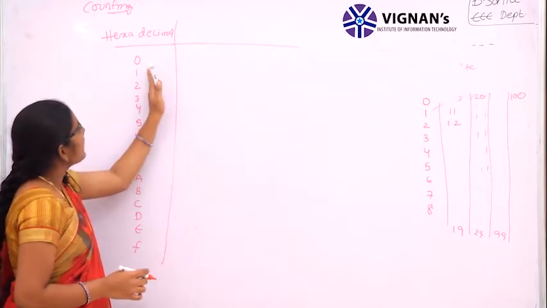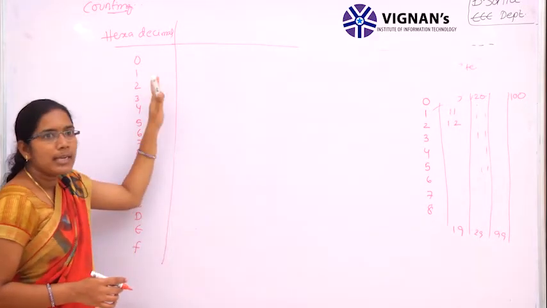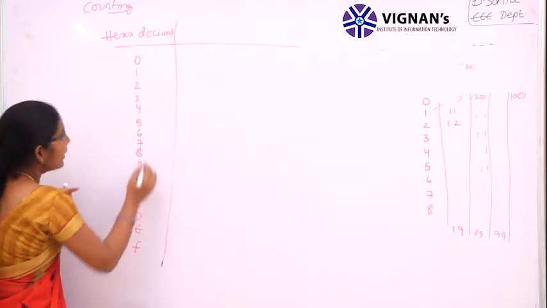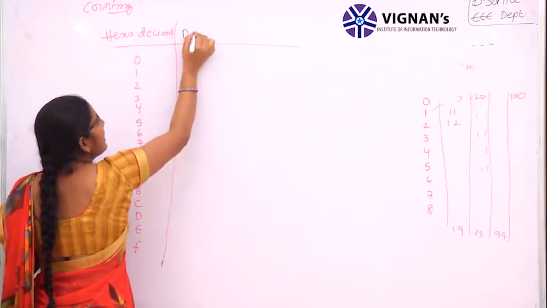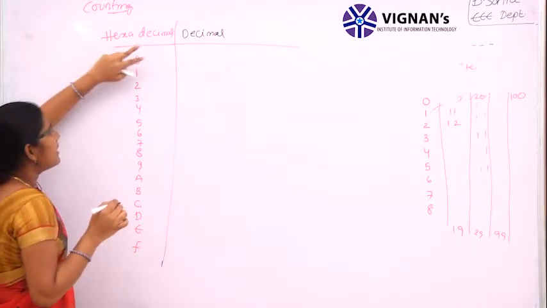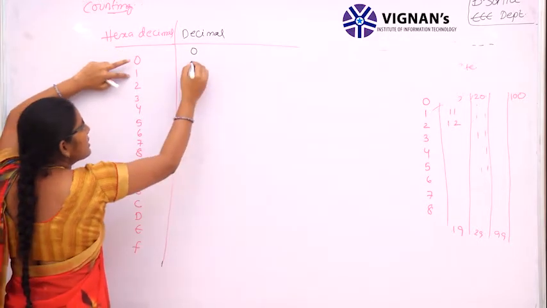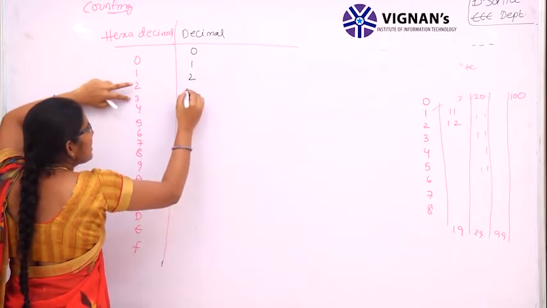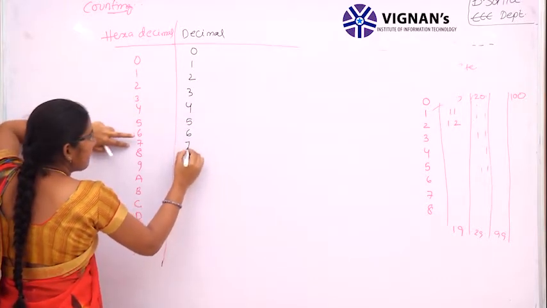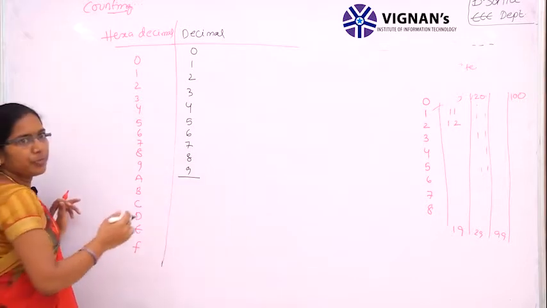Similarly, what is the hexadecimal equivalent in octal? What is the hexadecimal equivalent in binary? We will write these. First I will consider hexadecimal, then decimal. Though they are hexadecimal and decimal, the 0 to 9 values will not change because these numbers exist in both the number systems. Up to this, no issue.